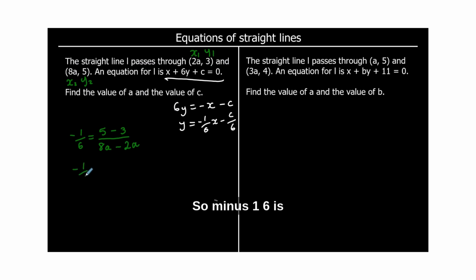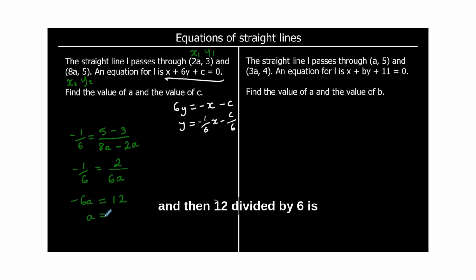So minus 1/6 is equal to 2 over 6a. Times both sides by 6a, times both sides by 6. And then 12 divided by 6 is 2. So a must be -2.